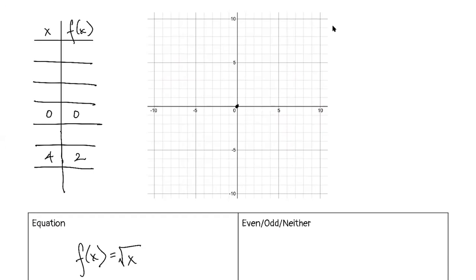Should we try plugging in 3? Yeah, so it's going to be what we call an irrational number.